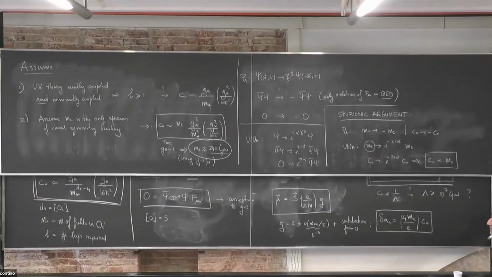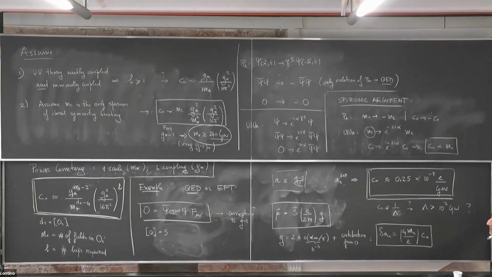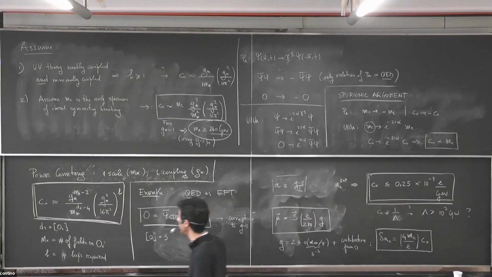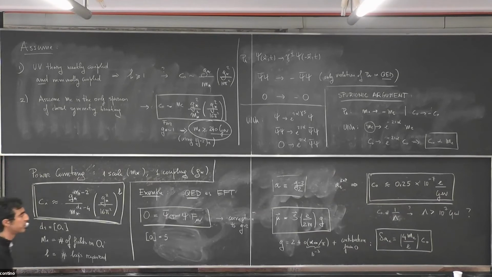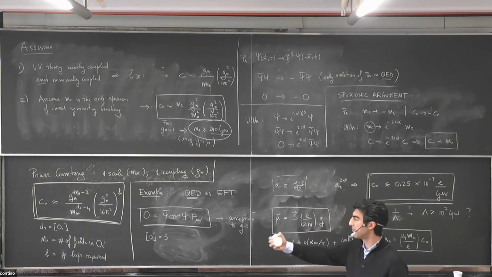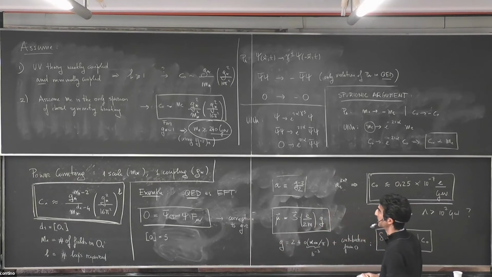Now, the question is, are the assumptions that we made fulfilled in the electroweak theory? And the answer is yes, because the electroweak theory, which means the standard model, is weakly coupled. It is minimally coupled, so necessarily the effect arises at one loop. And then indeed there is only one spurion, at least if you look at one kind of lepton: the Yukawa coupling, which is the only source of breaking of this axial symmetry.